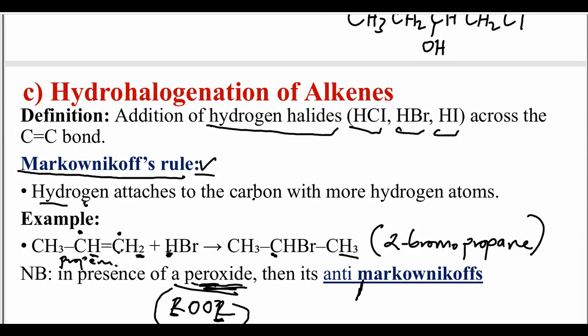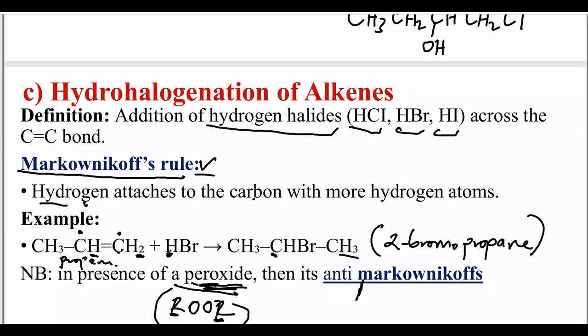Now, Markovnikov's rule, you'll find that we apply it in reactions which involve hydrogen. Maybe hydrogen with another atom, maybe hydrogen and water. The way the rule states it, it is specifically talking about hydrogen.